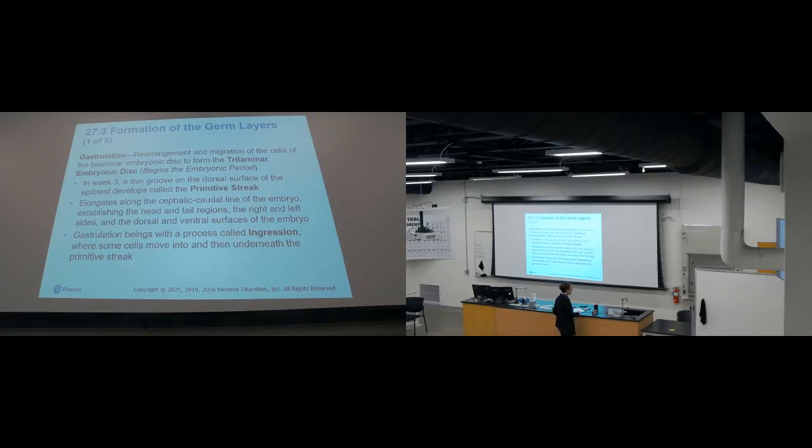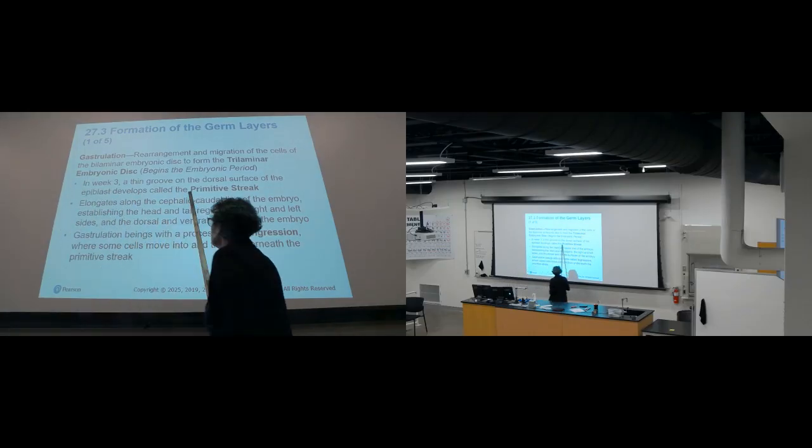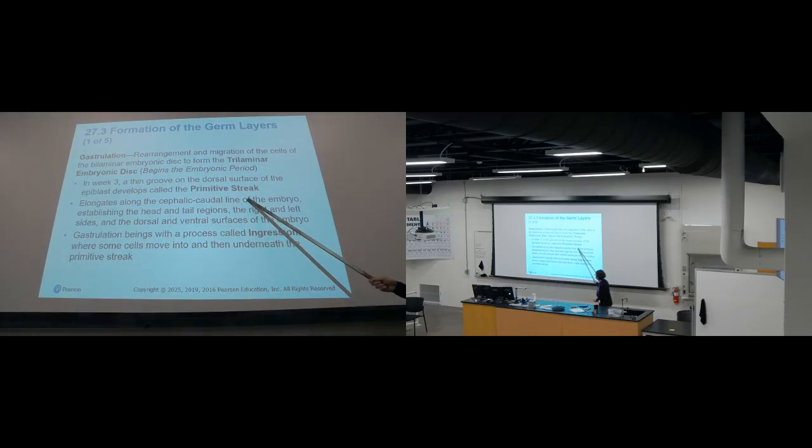So, details about the formation of these germ layers. In gastrulation, you reorganize the cells and you form this trilaminar disc in week 3. As this happens, you will form in this disc, in the middle, a little indentation or groove that is going to be called the primitive streak, and this is going to be in the dorsal surface of the epiblast.